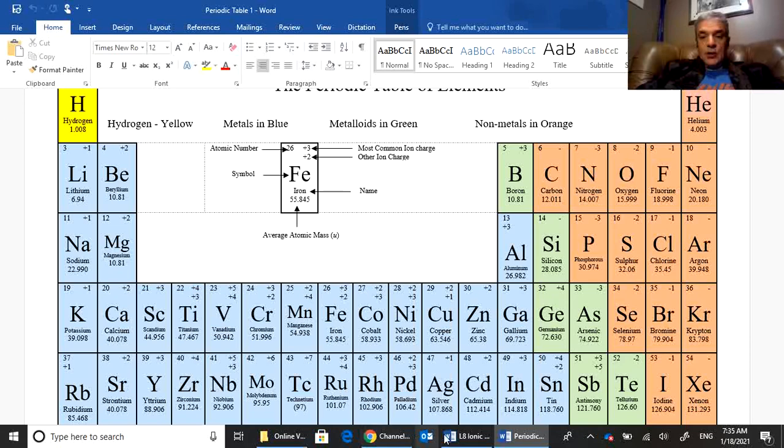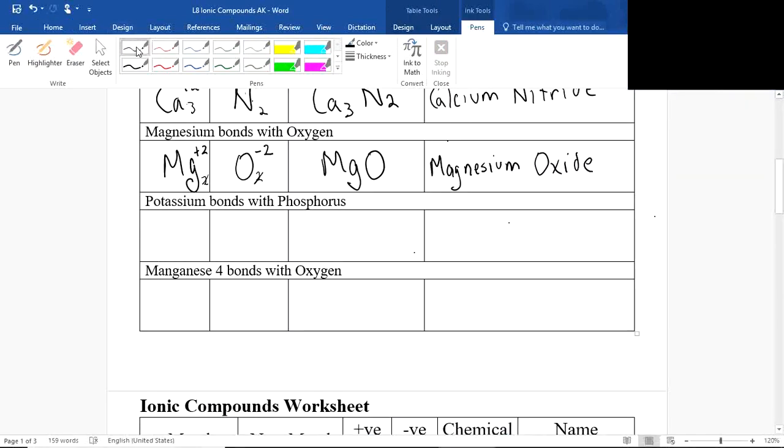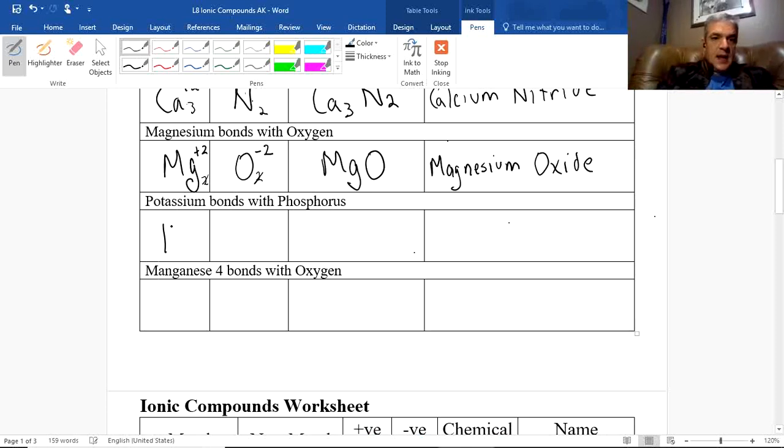So let's go write those in. Potassium is a K, and it has a +1. And then phosphorus has a -3. Remember, essentially what we want to do is balance the positives and the negatives.